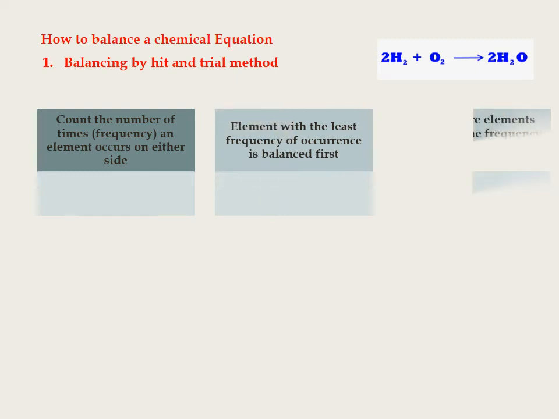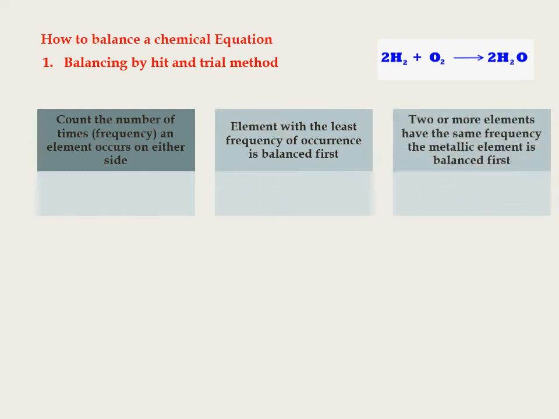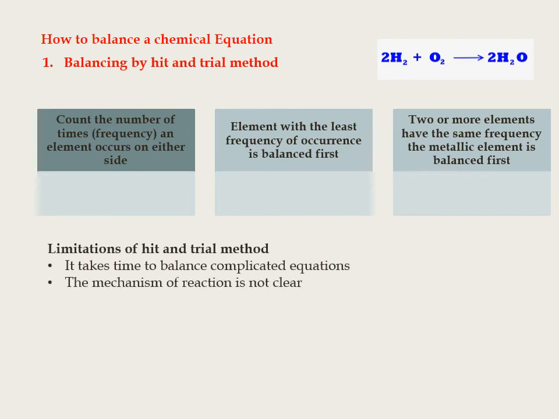When two or more elements have the same frequency, the metallic element is balanced first. The hit and trial method is very useful for balancing simple chemical equations, but it has some limitations, like it takes time to balance complicated equations. The mechanisms or steps of reaction are not very clear.